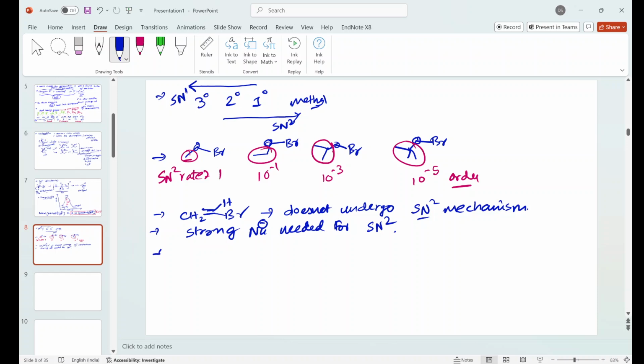And regarding the stereochemistry, what we have seen is that it goes mostly through inversion. Okay, so let us take an example. This is stereochemistry.